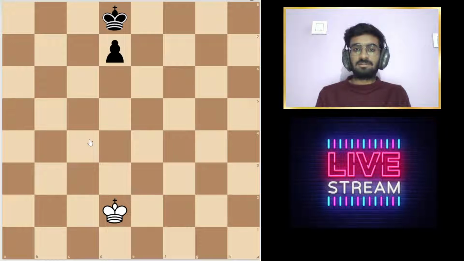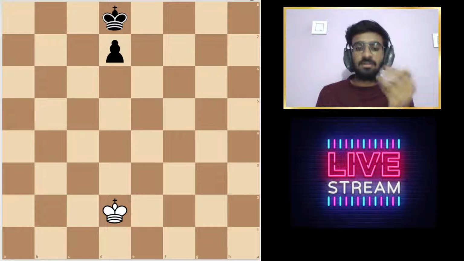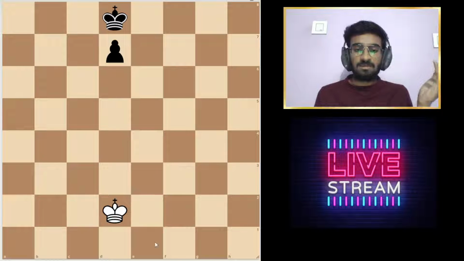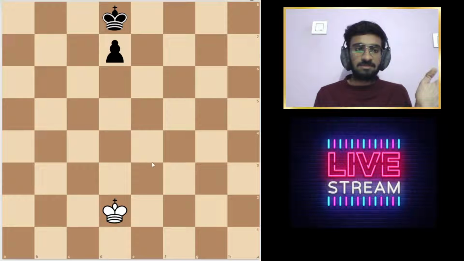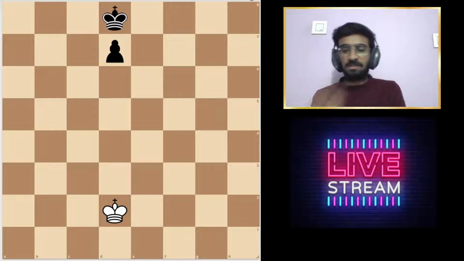Now let's see this. This is white to play and draw the game. Think how you can do this. Now the king is very far away.